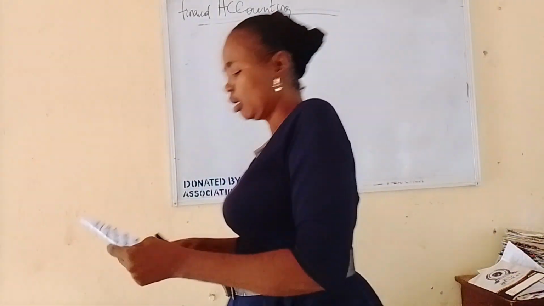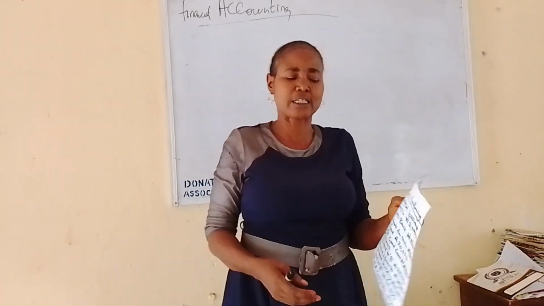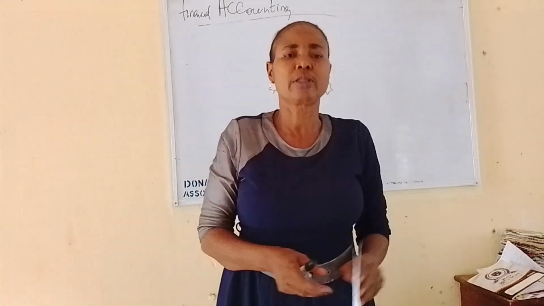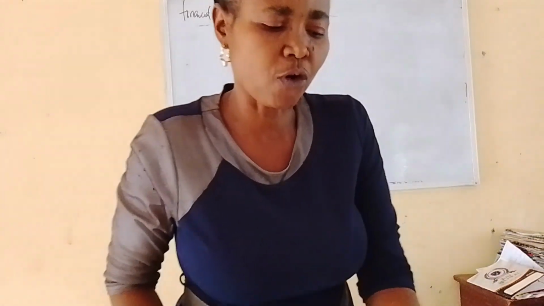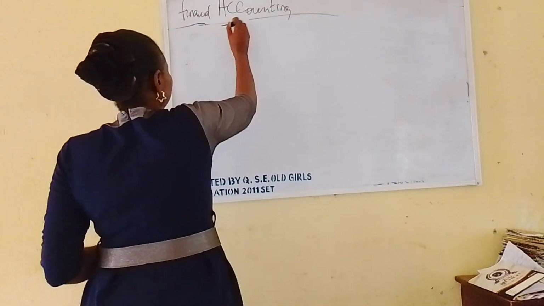Number one says, Ugo started business with cash, 2 million naira. You first of all draw the line.